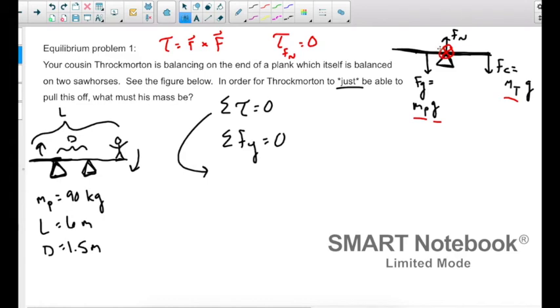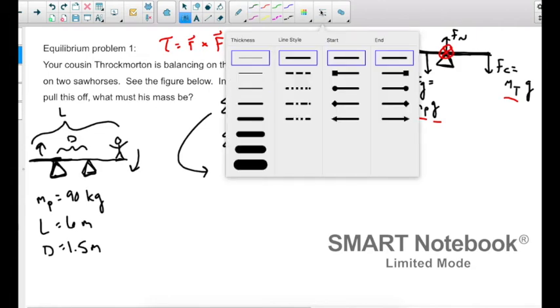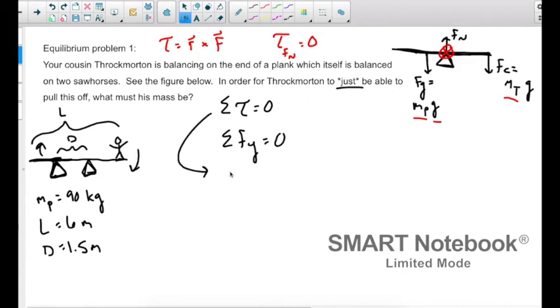All right, so this is what I was referring to earlier when I said that you need to think about where to choose your axis of rotation based on what you're trying to solve for and what's convenient for you. Okay, later I can show you that we could actually move our axis of rotation somewhere else and still solve this question, but it's just going to take a few more steps. So I need to write my net torque expression.